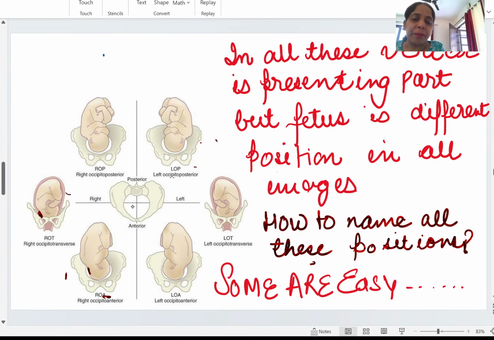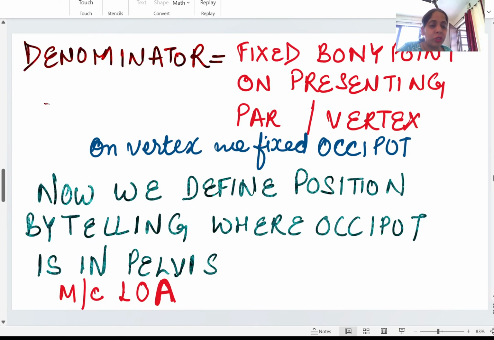These are the different positions. So we have to know what is the position of the fetus, because some positions are easy for delivery and some positions aren't. So we have to choose a fixed point on the presenting part, known as the denominator.